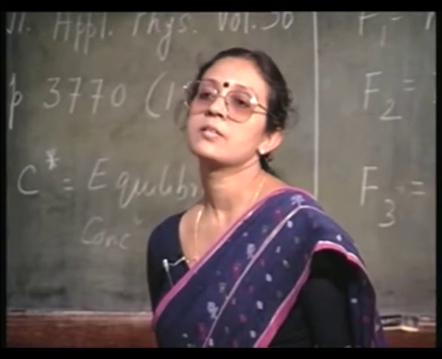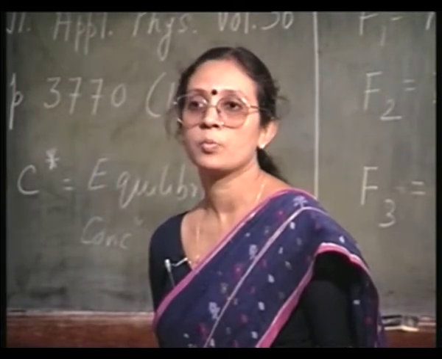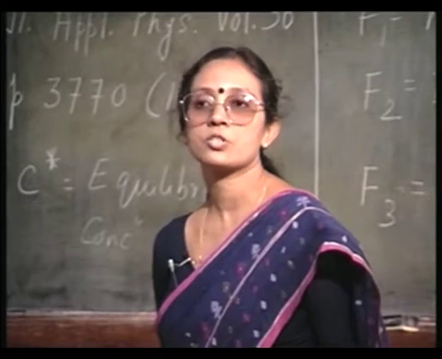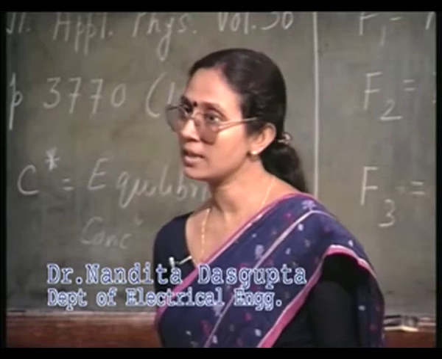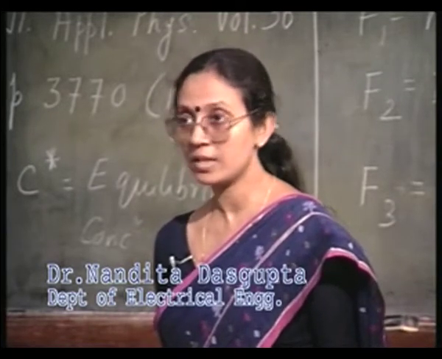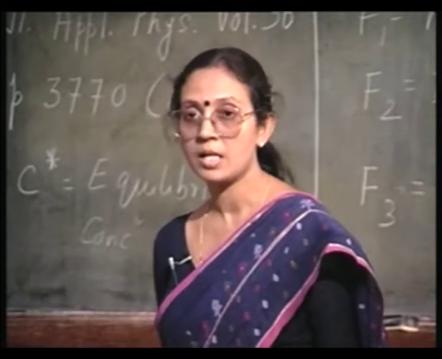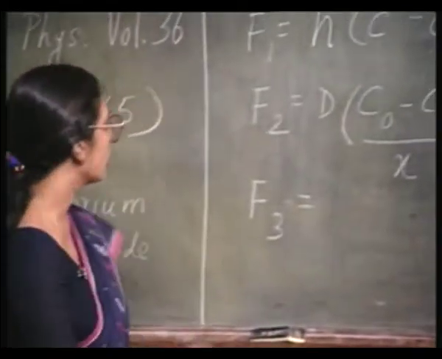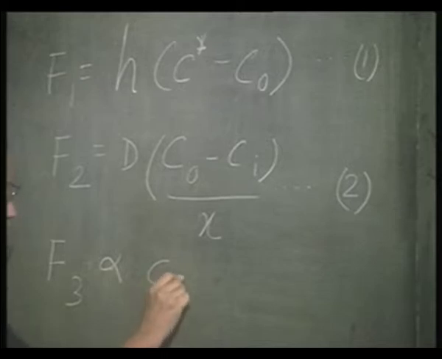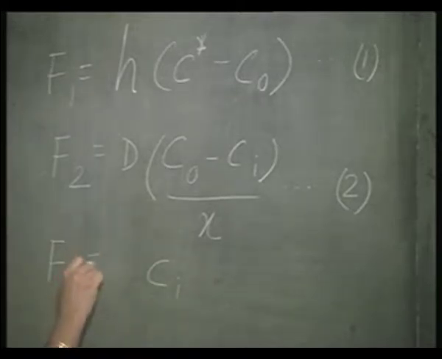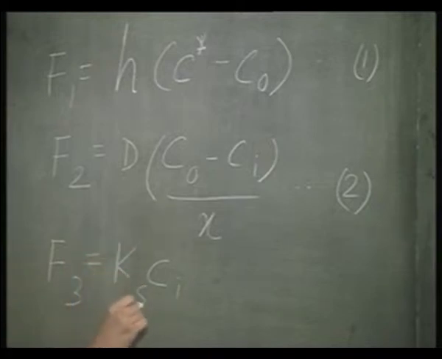So, this flux will be proportional to the concentration of the oxidizing species at the oxide silicon interface. In other words, F3 will also be proportional to Ci, and I will call this proportionality constant Ks, which is also referred to as the reaction rate constant.